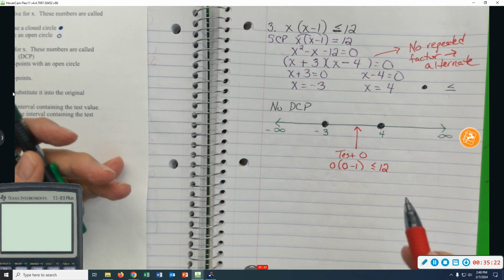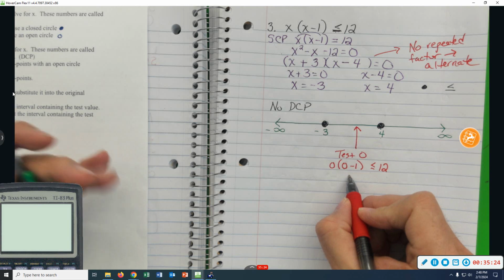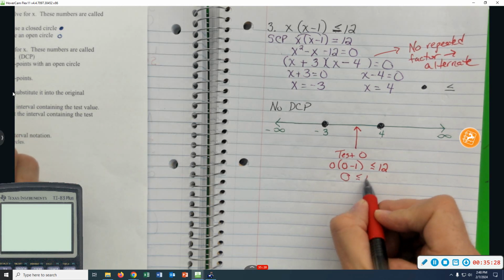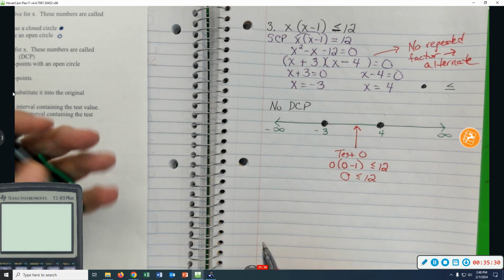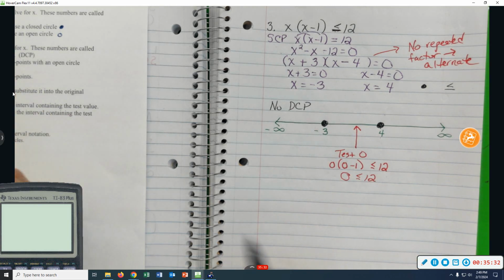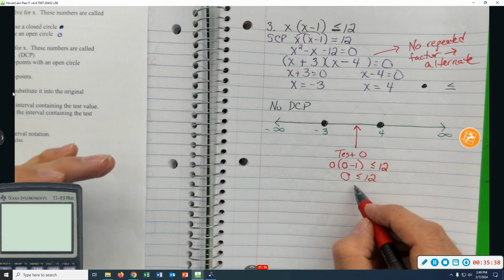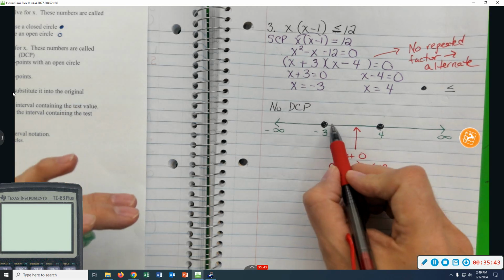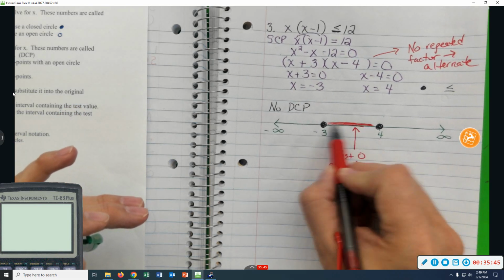Anything times 0 is what? What are we getting on the left? 0. So is this statement true? 0 is less than or equal to 12. It's sure not equal to, but is it less than? Yeah. So what are we saying this statement is, true or false? True. So that means shade this interval.